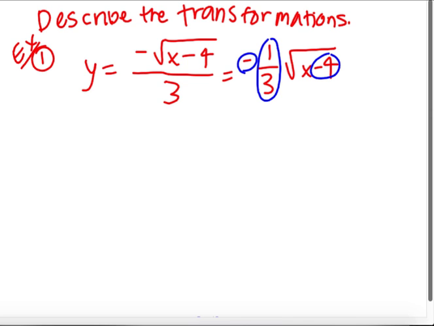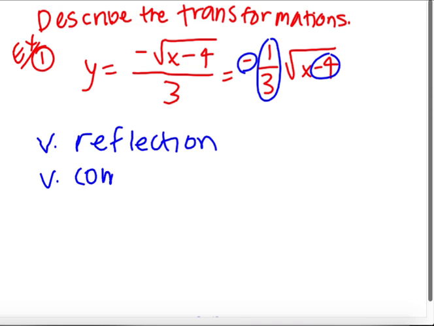So the negative out in front is going to be a vertical reflection. And then the 1/3 is going to be a vertical, and since it's vertical, it's not lying, it's telling the truth. So that would be making it smaller, vertical compression by a factor of 1/3. And then the minus 4 is inside with your x.